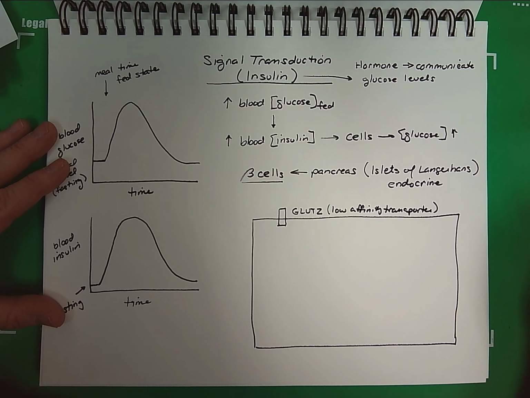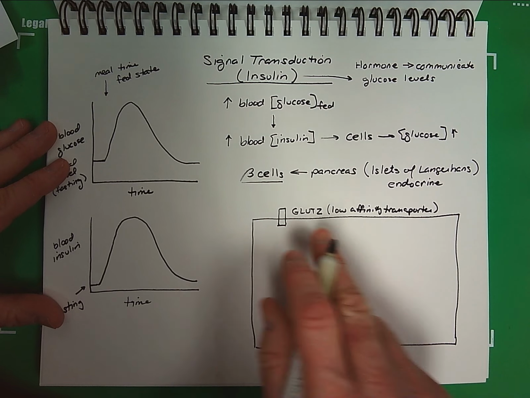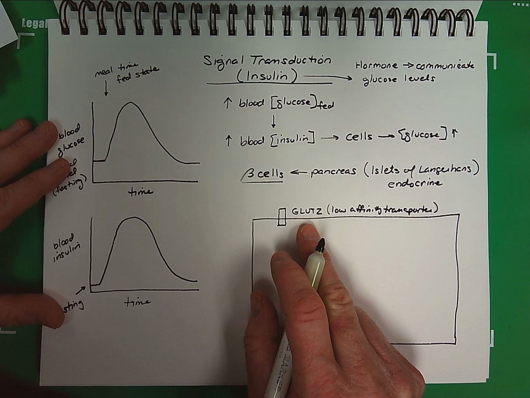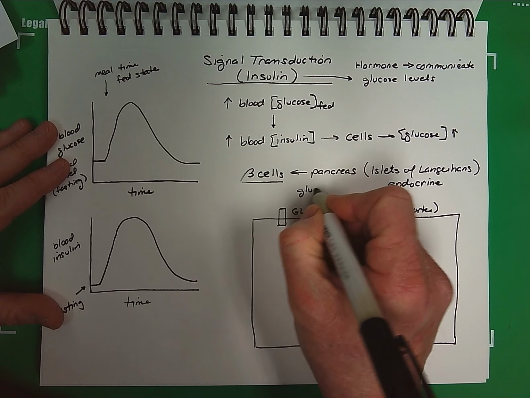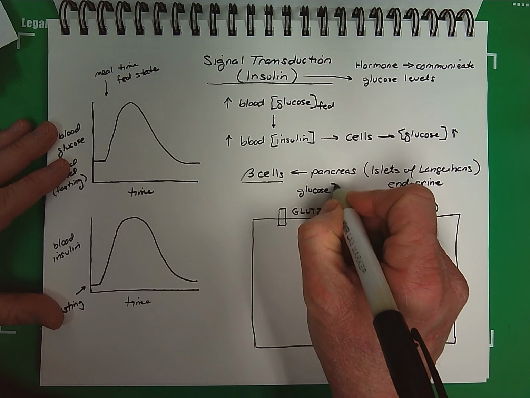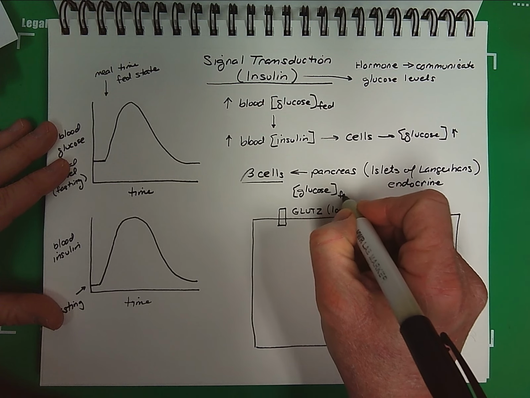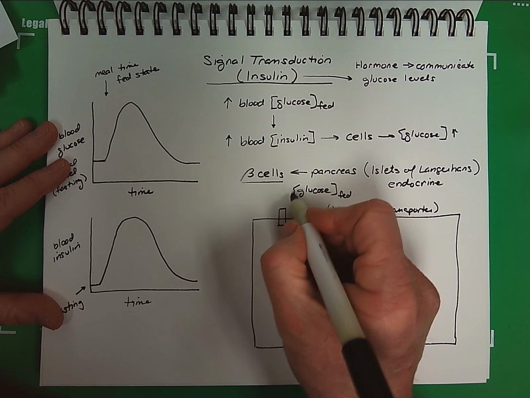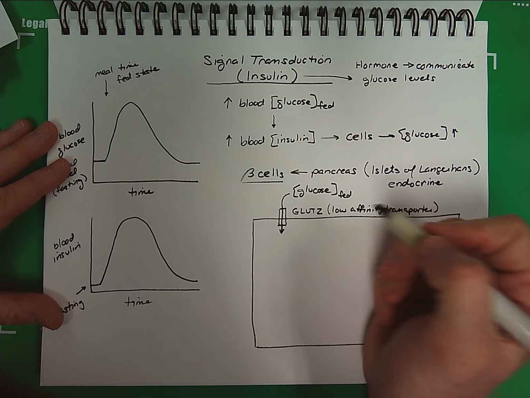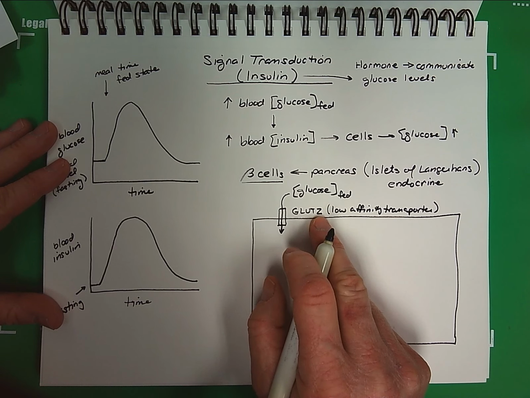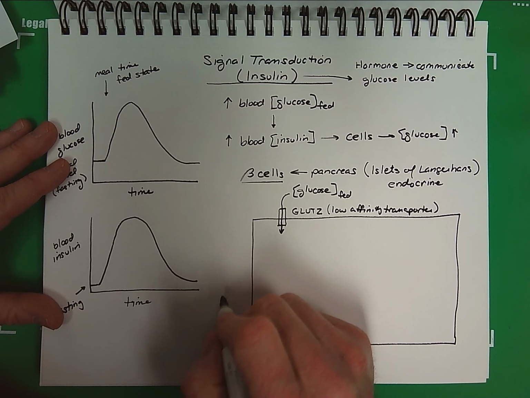This is a facilitated transporter, but it's just not as high affinity as GLUT1 that we've seen before. However, after a meal, our glucose concentration is sufficiently high in the fed state that we have now surpassed the binding affinity for GLUT2, and the glucose is transported into the cell.